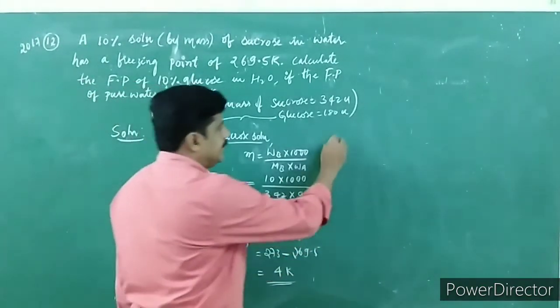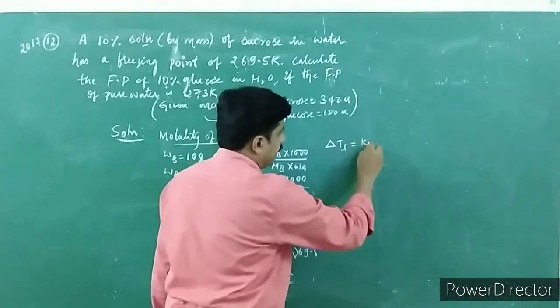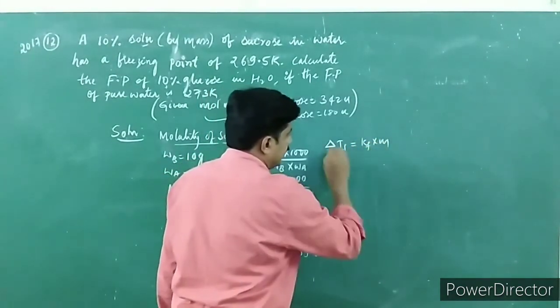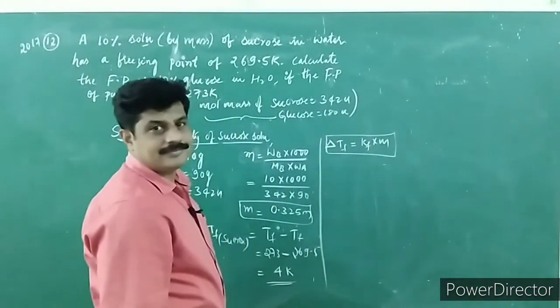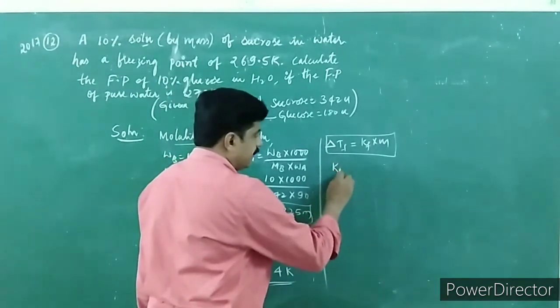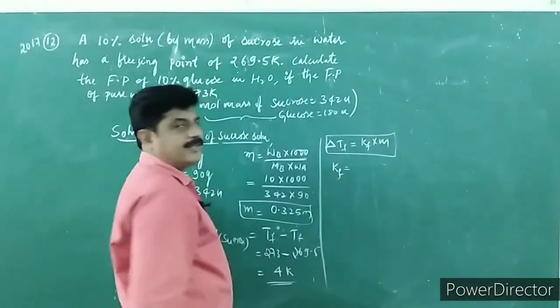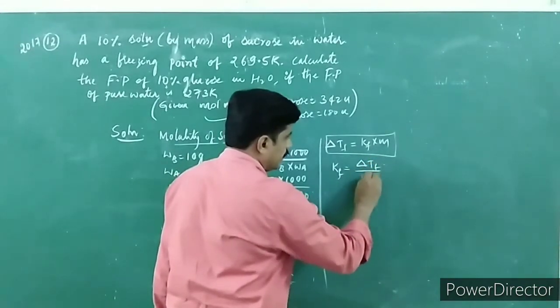And you know this, delta TF is equal to Kf into m. This expression you already learnt. Is it not? Now, what do I do? Kf is equal to delta TF upon m.